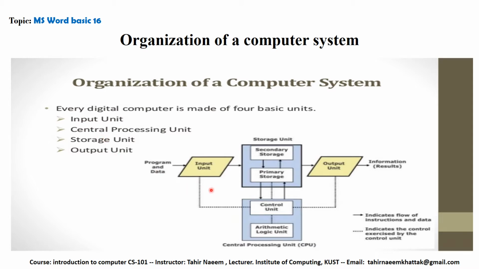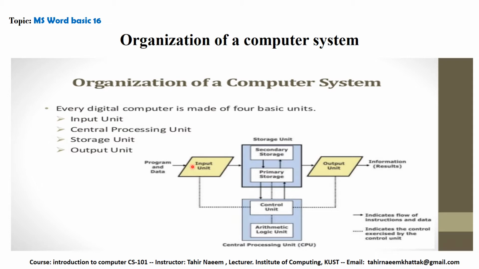Here is the block diagram of a computer system. As you can see, the arrows indicate the flow of instructions and data, and this line indicates the control exercised by the control unit.